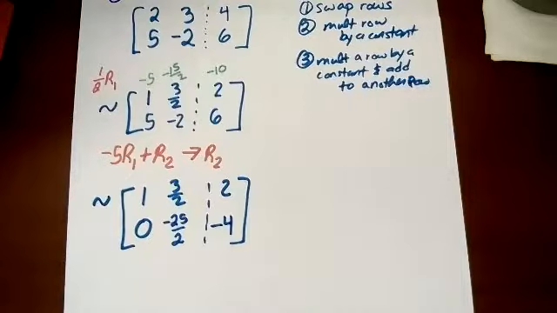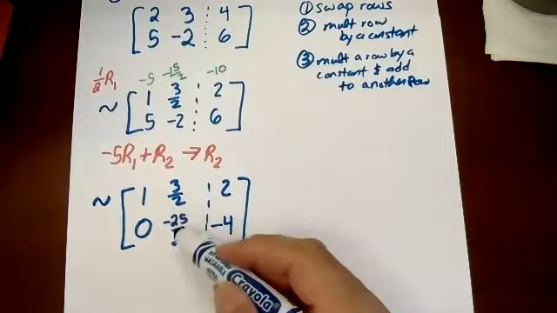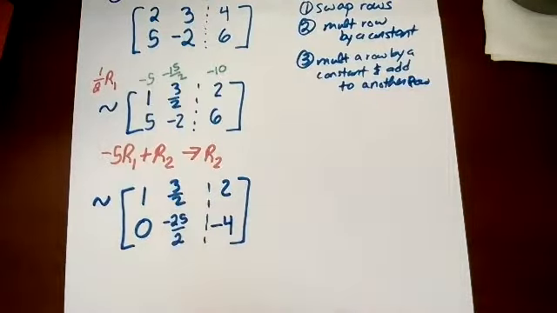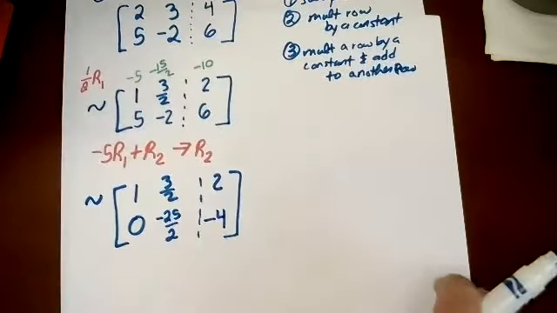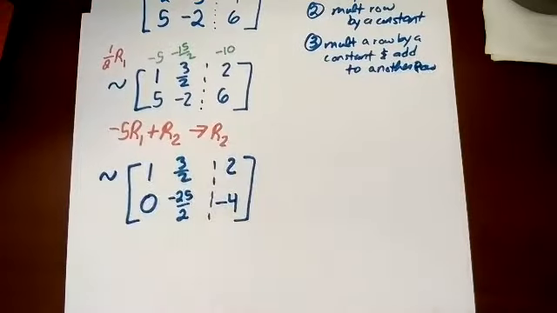So this is echelon form, row reduced. We want to reduce it all the way. We would get this to a 1 and that to a 0. But at this point, we can stop and do what's called back substitution. Because what's this equation going to be equivalent to?